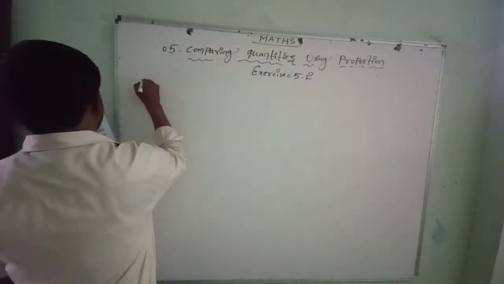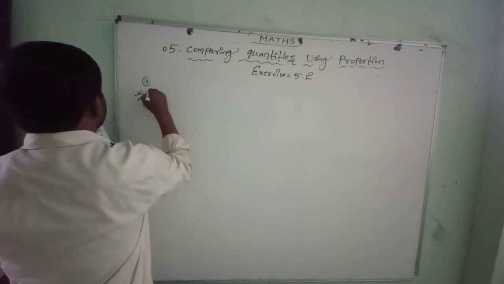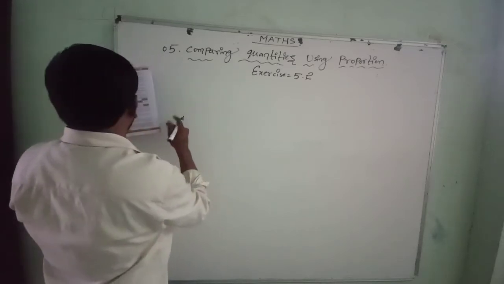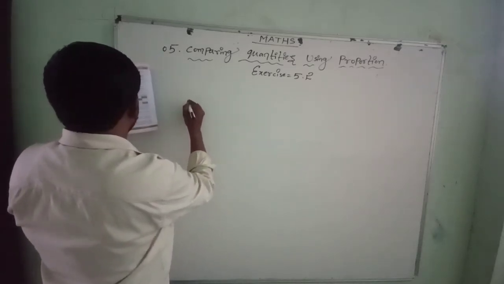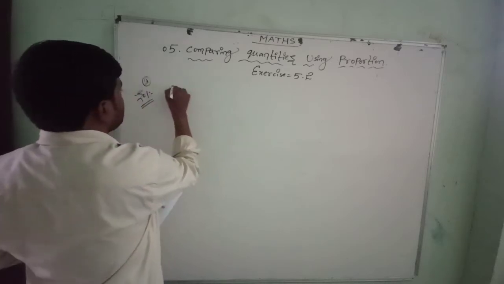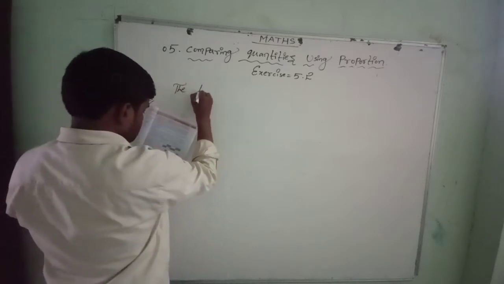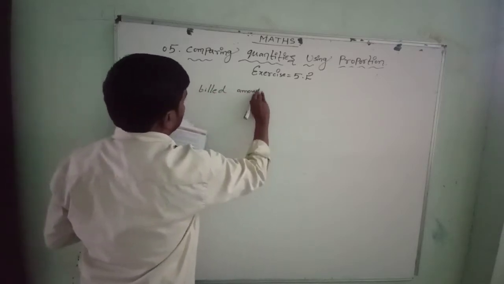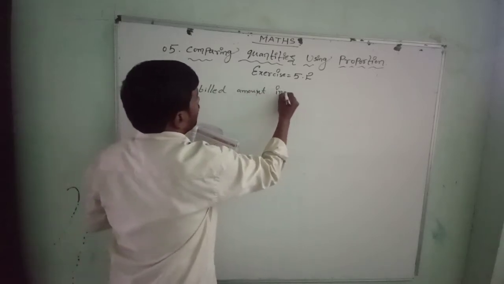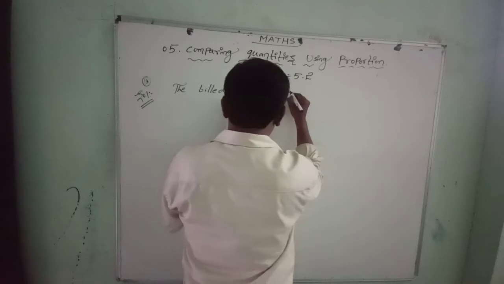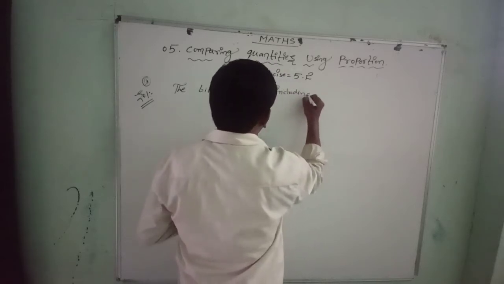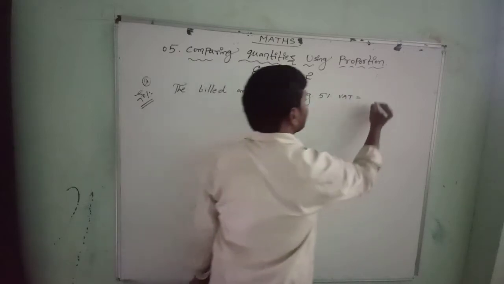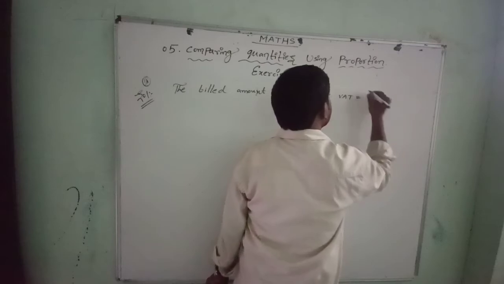Very simple question. Here we write the 13th one. The billed amount including 5% of VAT is 1,450 rupees.